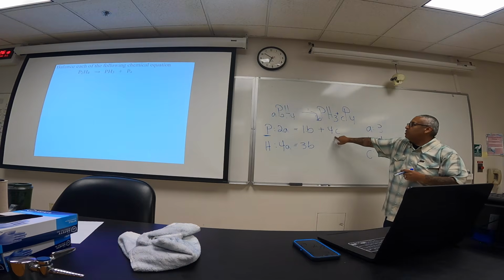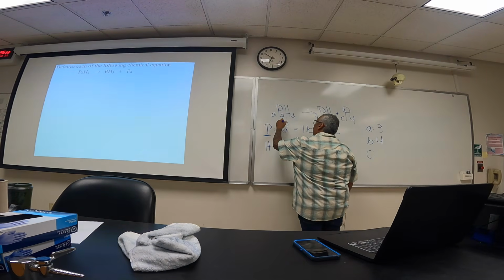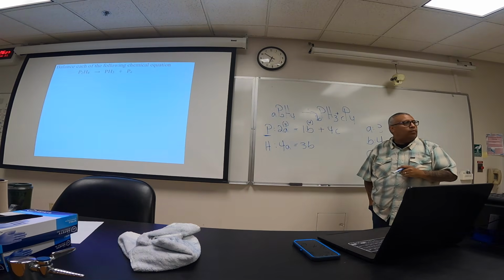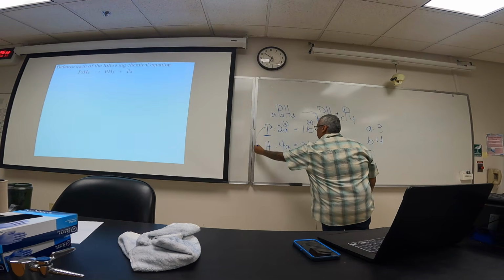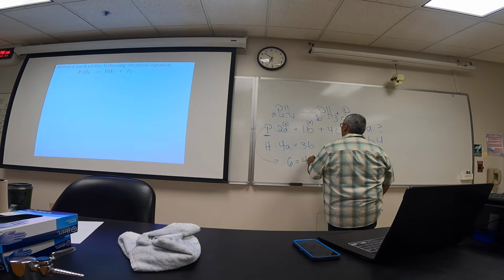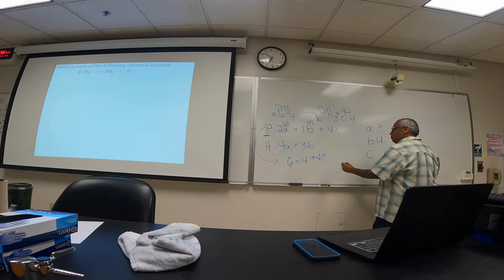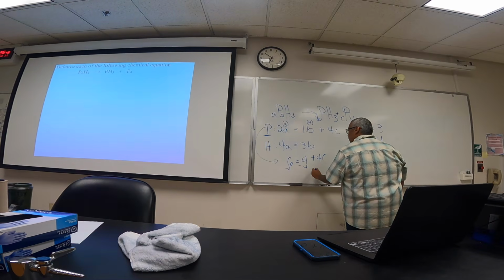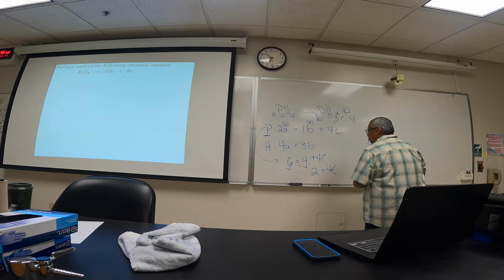And I can use this equation because I know what A is. We said A is 3, and we're going to make B 4. So that means 6 is equal to 4 plus 4C. Minus 4 on this side, minus 4 on this side, and we're going to get 2 is equal to 4C.